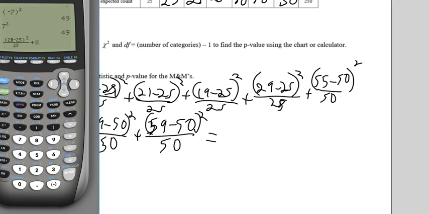then put your plus. Then we're going to hit alpha y equals again. Now, you have a choice. If you don't want to type in 21 minus 25, because you can do the math in your head, you can type in parentheses, -4, parentheses, squared.